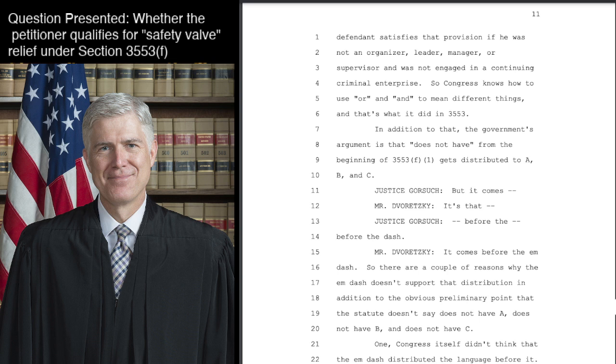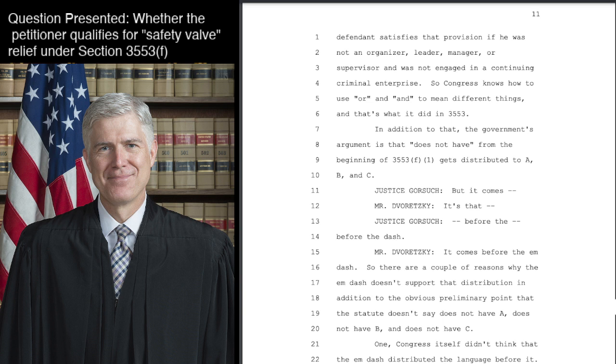In addition to that, the government's argument is that "does not have," from the beginning of 3553(f)(1), gets distributed to A, B, and C. But it comes before the dash. It comes before the em dash. So there are a couple of reasons why the em dash doesn't support that distribution, in addition to the obvious preliminary point that the statute doesn't say does not have A, does not have B, and does not have C. One, Congress itself didn't think that the em dash distributed the language before it.